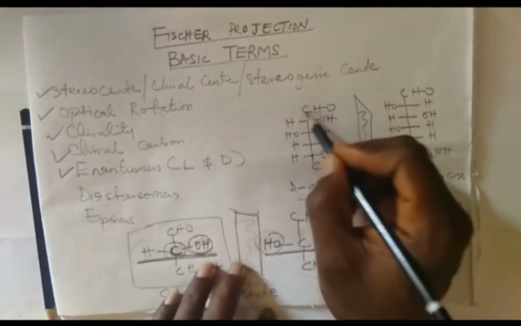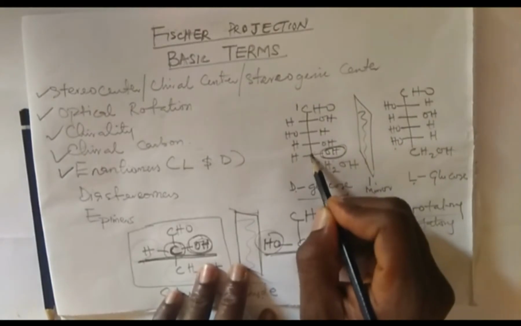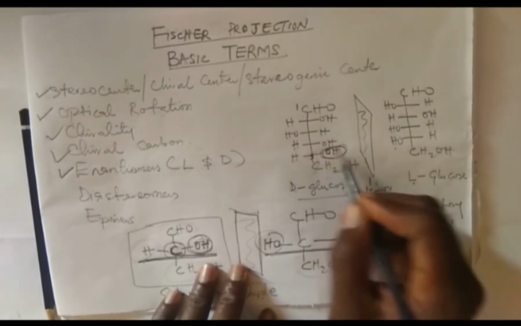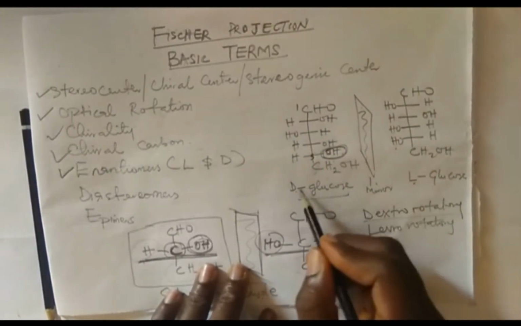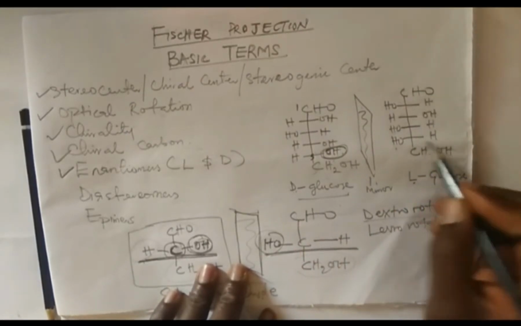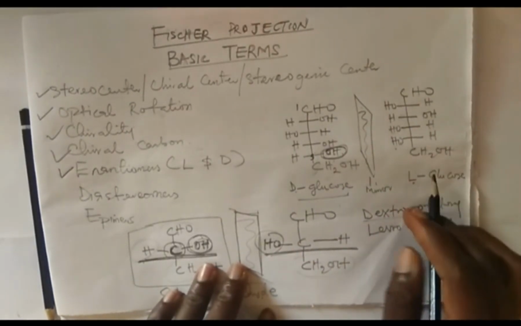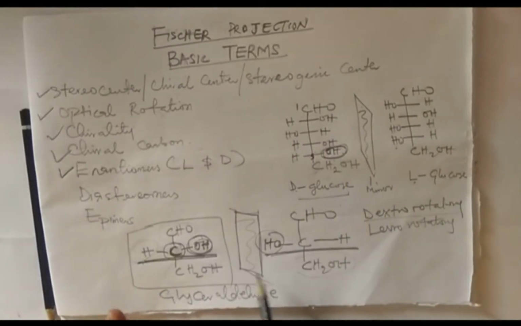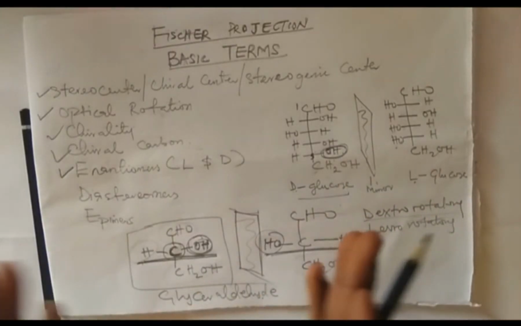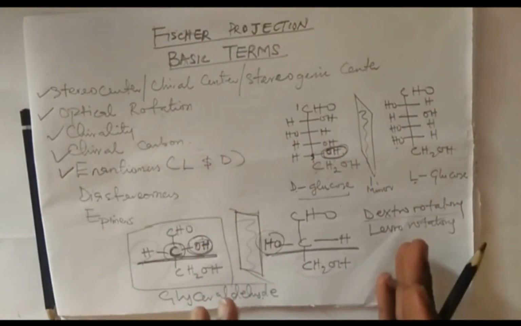This is your functional group on carbon number 1, and this is carbon number 5. So OH on carbon number 5 to the right, you have your D. OH on carbon number 5 to the left, you have your L. So that is mirror imaging, optical rotation, enantiomers.